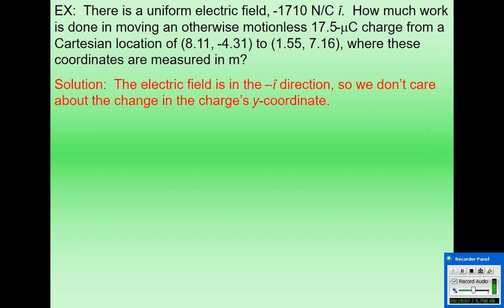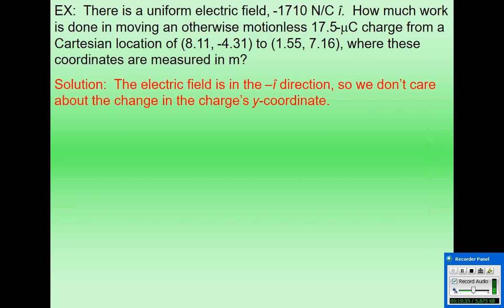So in other words, this uniform electric field is parallel to the x-axis, and it points in the minus x direction. The question being asked is how much work is there in moving a motionless 17.5 microcoulomb charge from one location to another location, and assume that afterwards it's subsequently motionless.